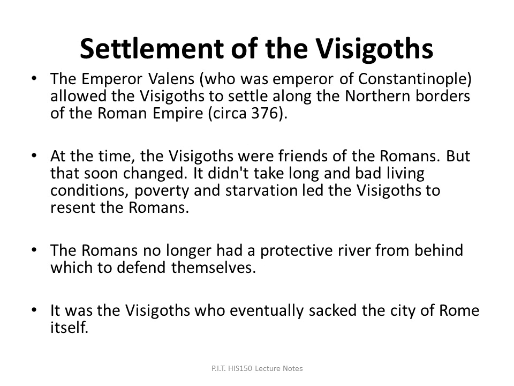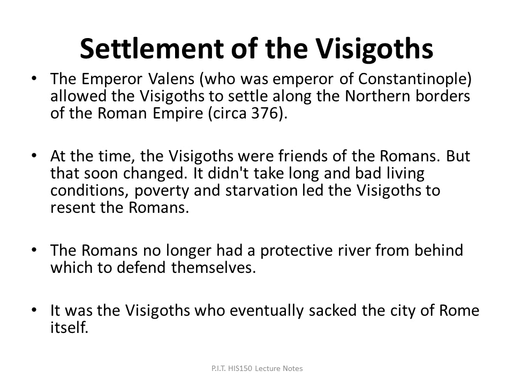Now, the settlement of the Visigoths. So the Emperor Valens, who was the Emperor of Constantinople, remembering that the Eastern and the Western Roman Empire kind of split up a little bit under Constantine, allowed the Visigoths to settle along the northern borders of the Roman Empire. That is bad.